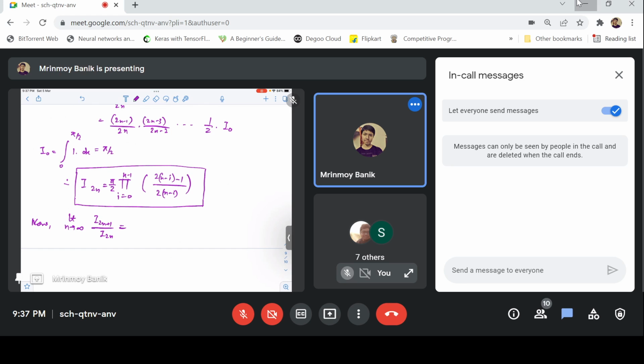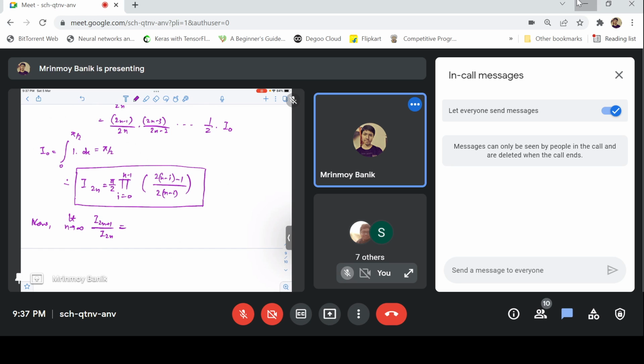So now, instead of n factorial, the limit n tends to infinity of I 2n plus 1 by I 2n. I haven't given the limit there.